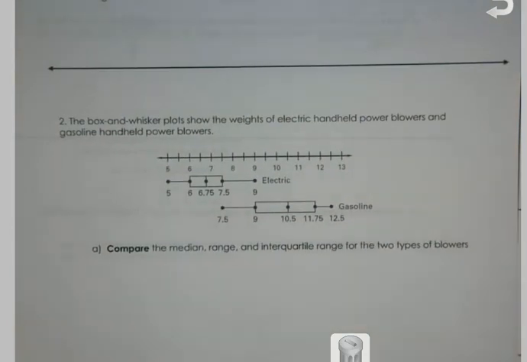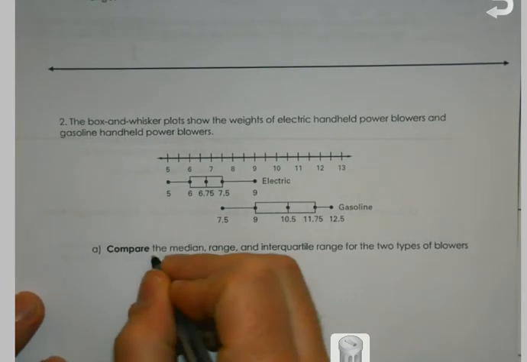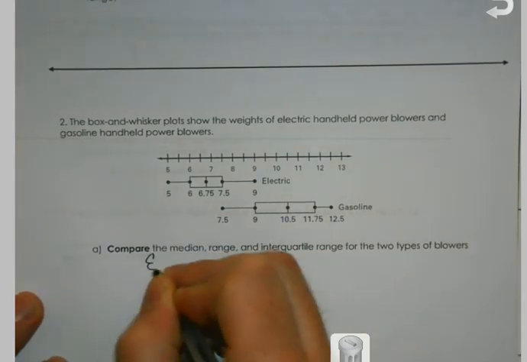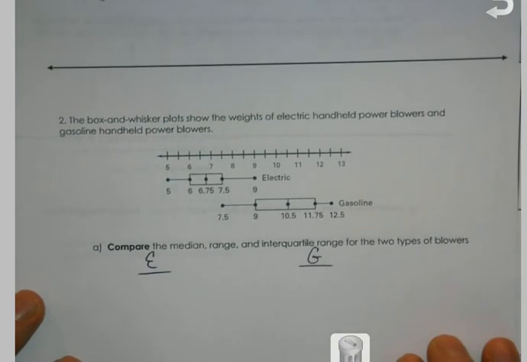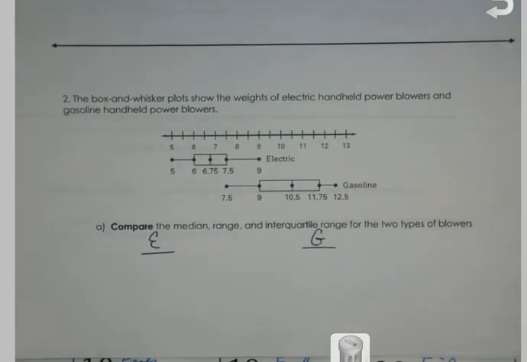So on 2, now here they put 2 box and whisker plots together. They put weights of electric handheld power blowers and gasoline handheld. Compare the median, range, and IQR for the 2 types. Sure. So we got electric and we got gas here. Now we can actually start using these to figure out something.